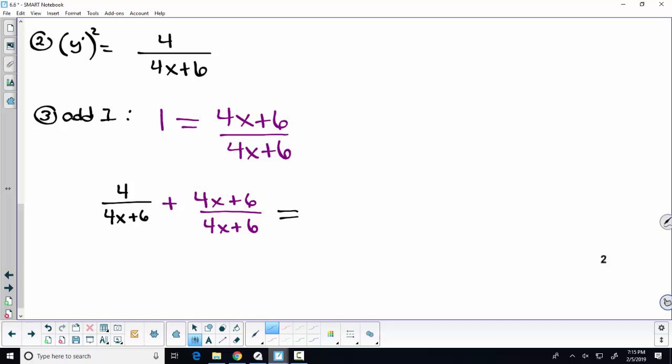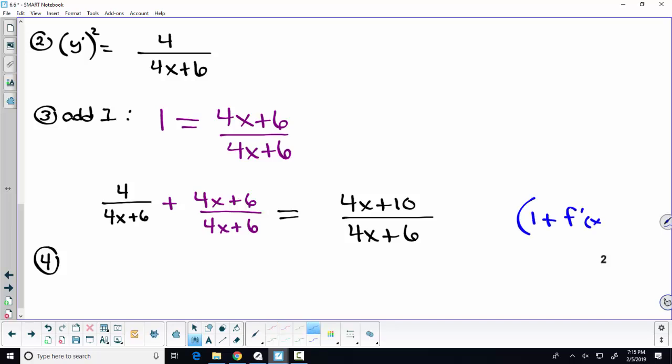All right. So we have 4x plus 10 over 4x plus 6 as our 1 plus f prime squared. Now we need to take the square root of all of that.